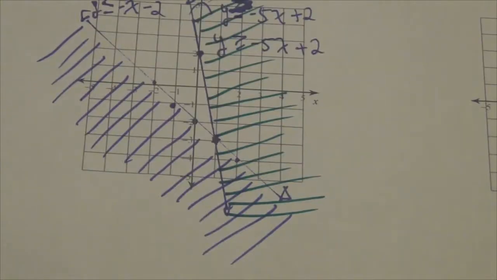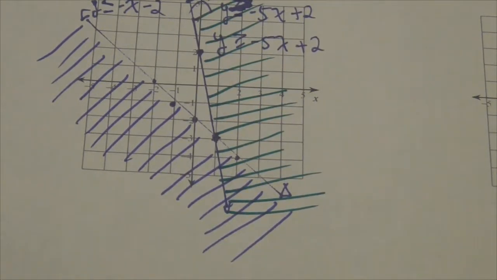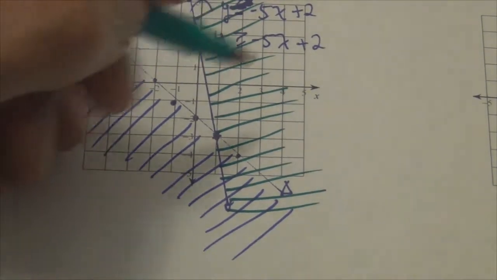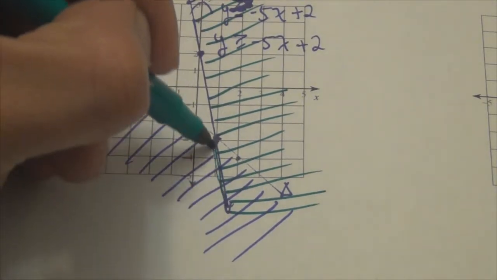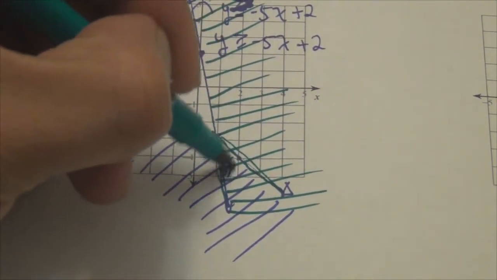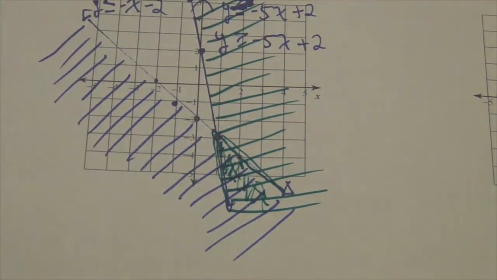Like that. Now, all you have to look at is where the shading is happening more than once. You can see that this area right here is shaded more than once, with the purple and the green.